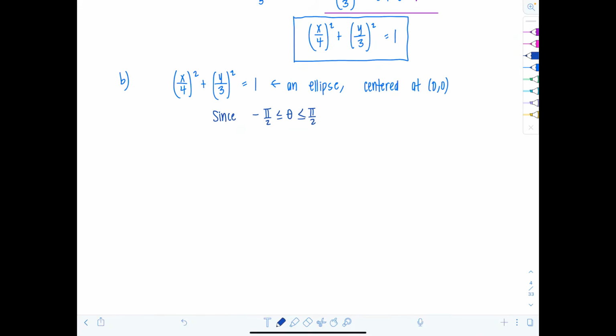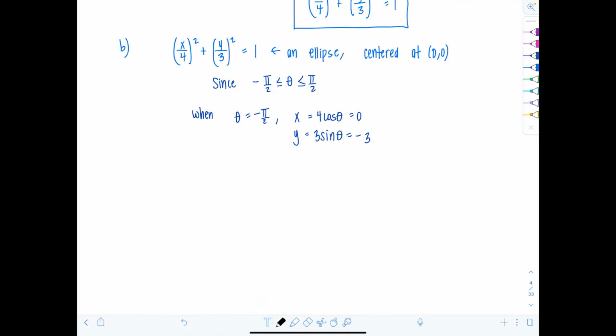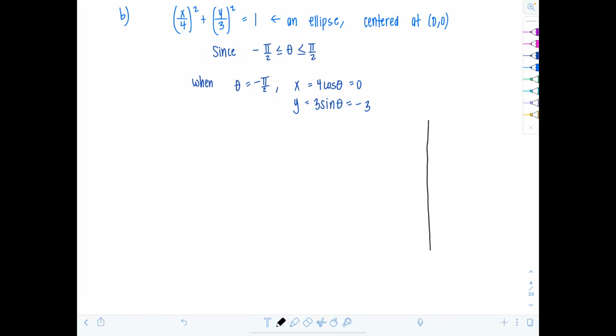Well, plug in each of the values. So let's see here. When theta is equal to negative pi over 2, that means x, which is equal to 4 cosine theta, would be 0. And y, which is equal to 3 sine theta, would be negative 3. Okay, so let's see what's going on.